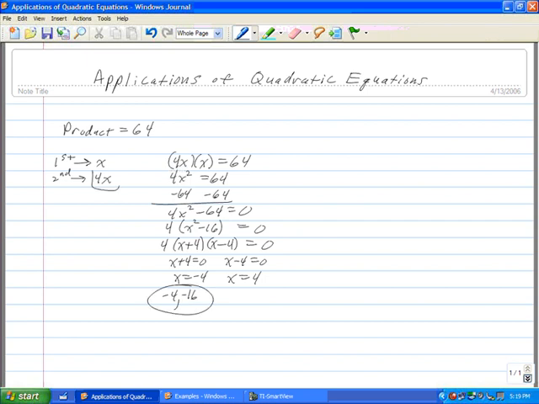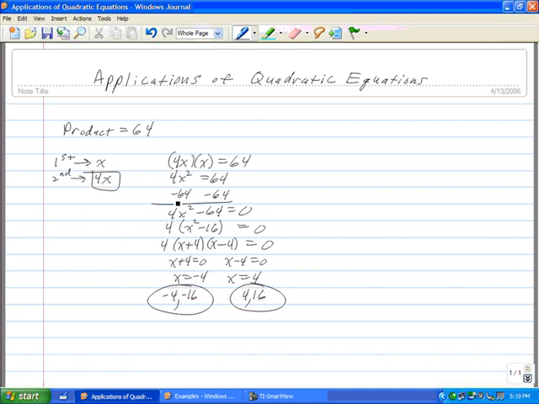So multiplying by 4, as it indicated we needed to do up here, we have one complete solution, an ordered pair, or a pair, not necessarily ordered. Our other solution would be 4, comma, and again 4 times that would be 16.